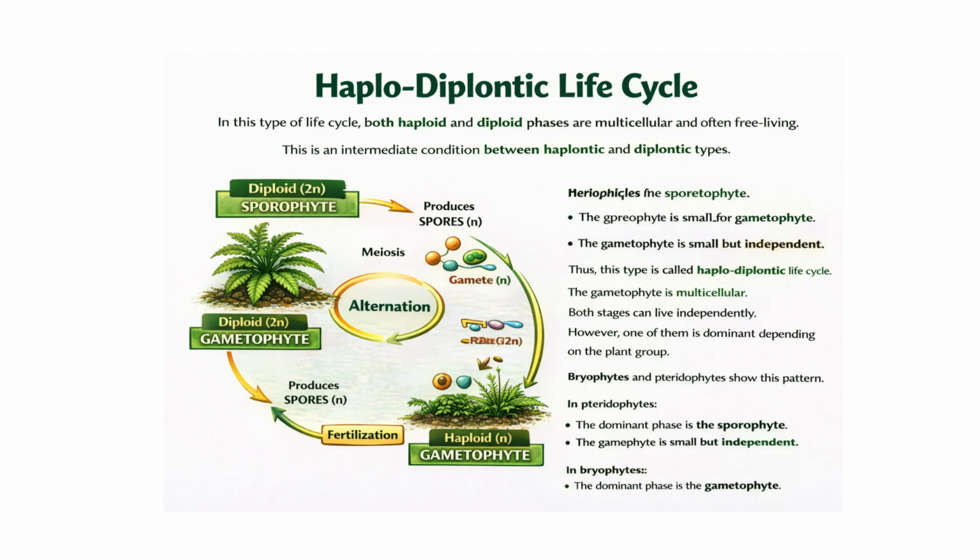However, one of them is dominant depending on the plant group. Bryophytes and pteridophytes show this pattern. In bryophytes, the dominant phase is the gametophyte, and the sporophyte is dependent on the gametophyte for nutrition. And in pteridophytes, the dominant phase is the sporophyte. The gametophyte is small but independent. Thus, this type is called the haplodiplontic life cycle.